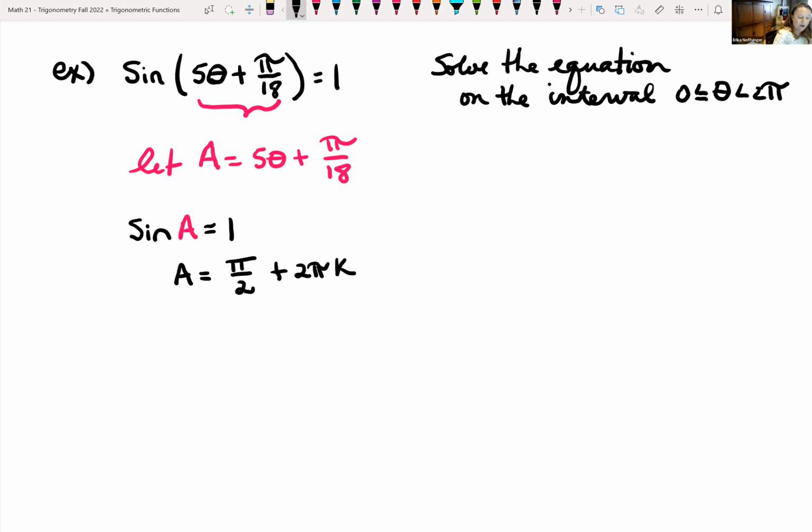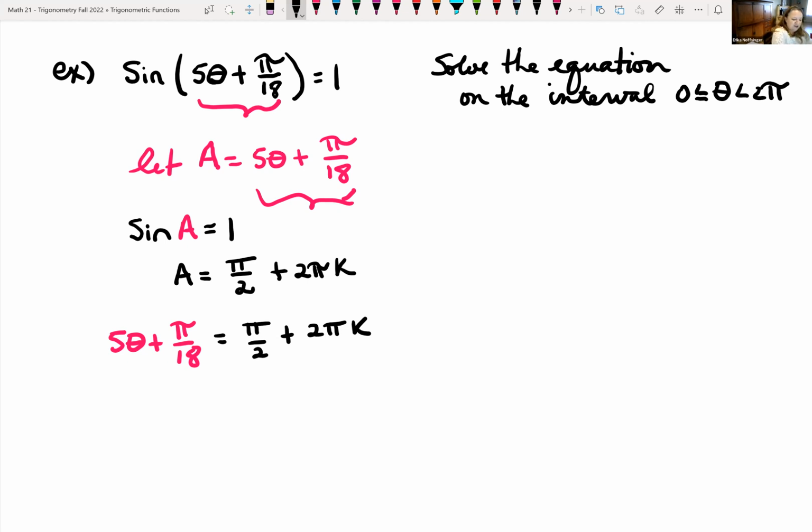But a is not what we're looking for. We're looking for theta. And we know that 5 theta plus pi over 18, which is a, is equal to this pi halves plus 2 pi k. So we want to isolate theta here.